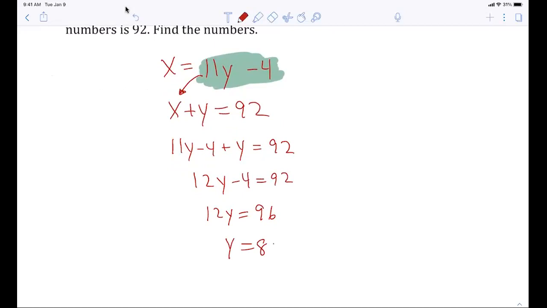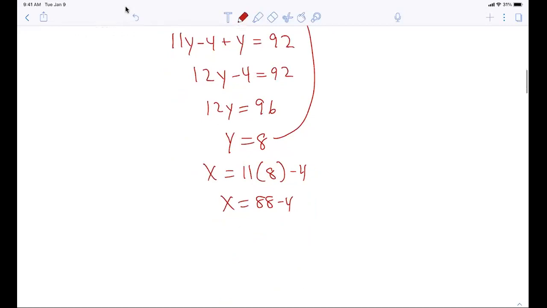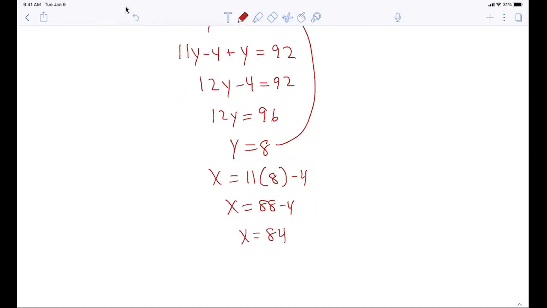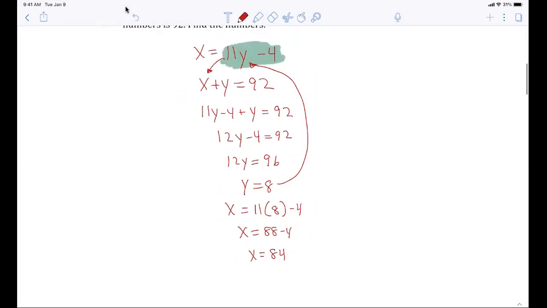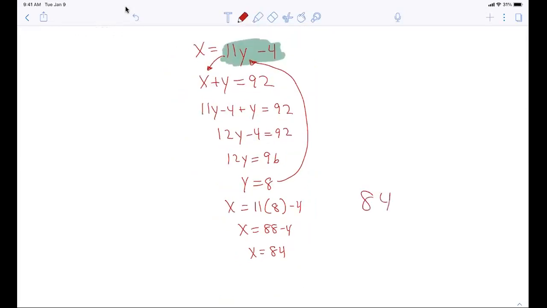Then you plug 8 in for y. So x equals 11 times 8 minus 4. X equals 88 minus 4. So x was 84. So the two numbers were 84 and 8.